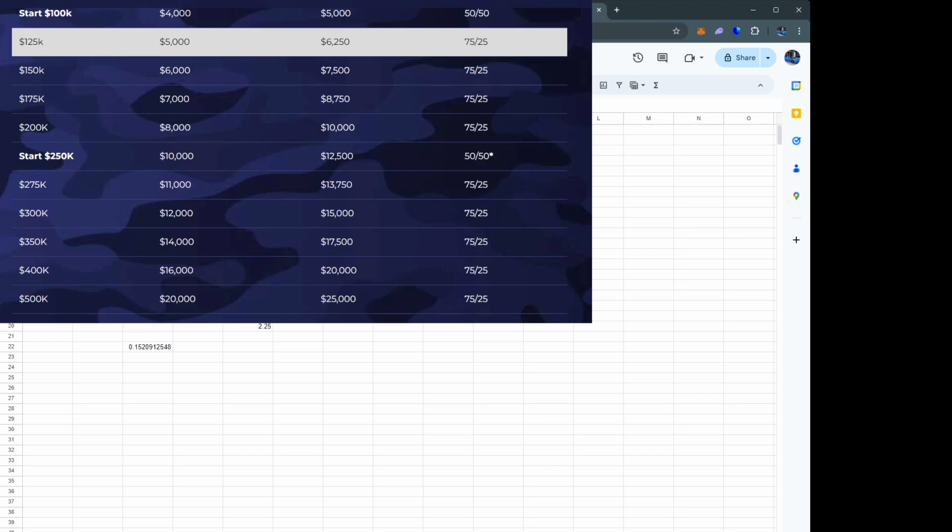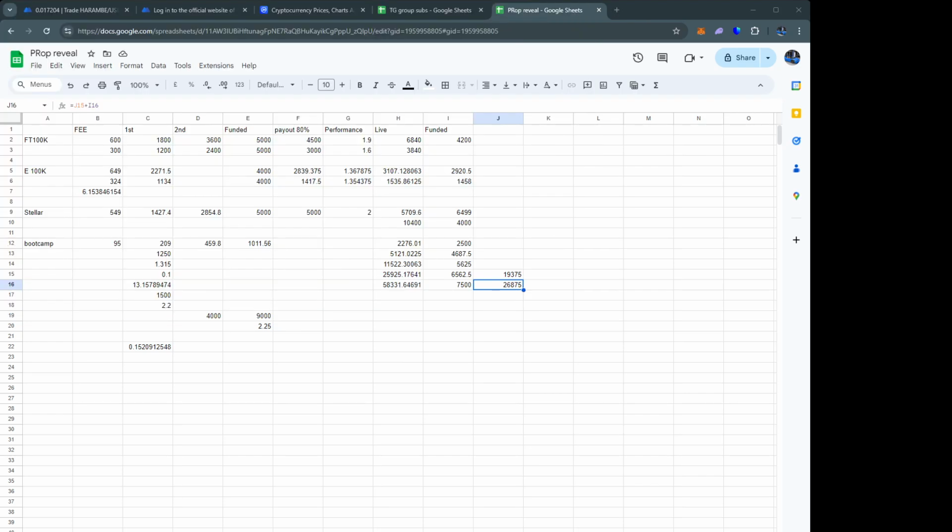And if we go again to the next stage, here are the numbers again. 75,000 payout, meaning the total payouts are the 19,000 plus 7.5, 26,875, while in the live account we are gonna have almost 60,000, almost 2.5 times more.